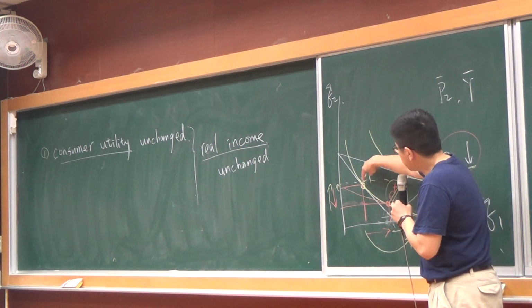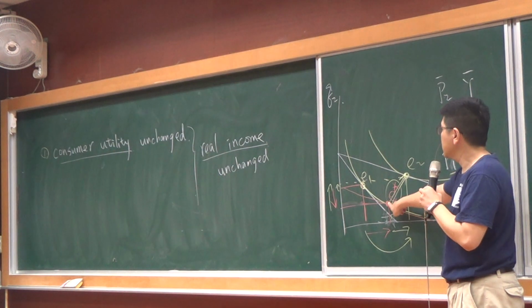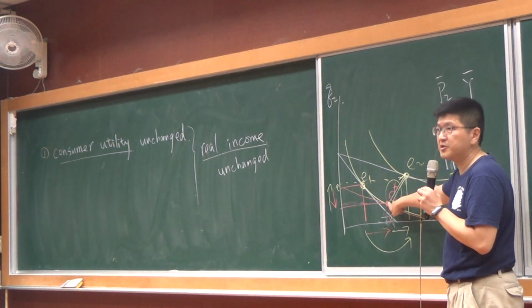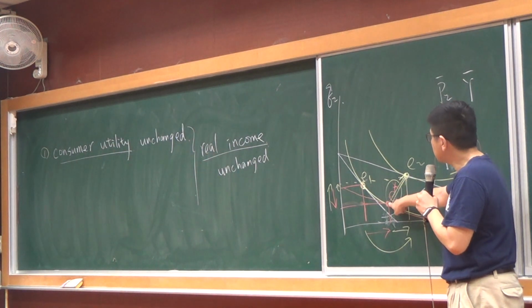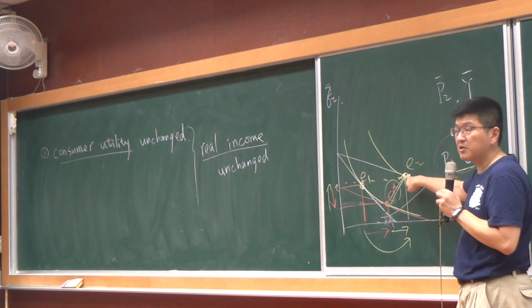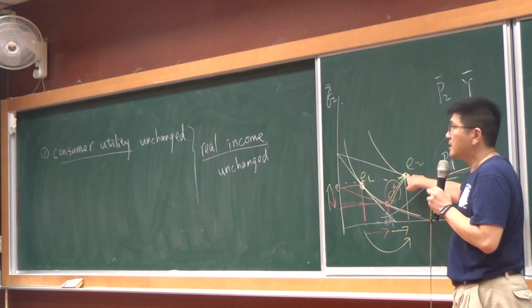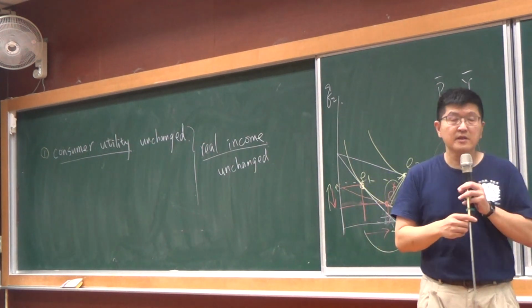So from E1 to E star, we are capturing the substitution effect, and from E star to E2 is all about the income effect. Okay? So just check the difference here.